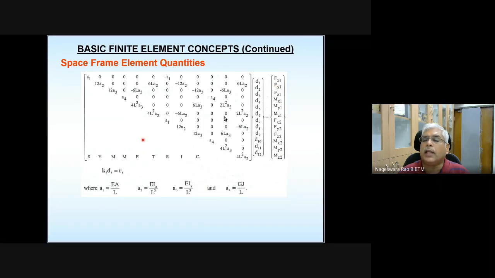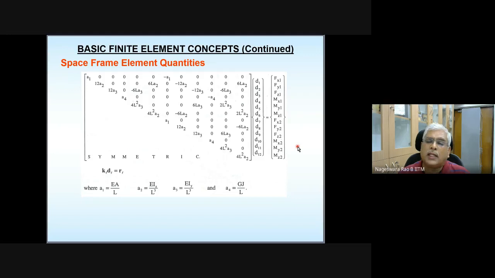Please note that this is the element equation in the local coordinate system, small x, small y, small z. With the explanation that I gave you for the plane frame, you just follow that. You can cross check whether the contributions are placed at the proper location or not, from axial effects, from bending effects along two planes, and torsional effects. Please cross check it. Okay, any questions here?